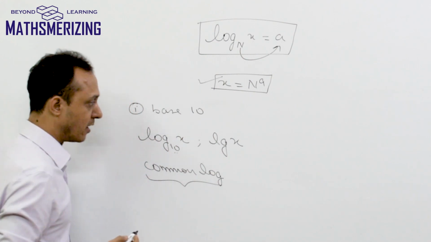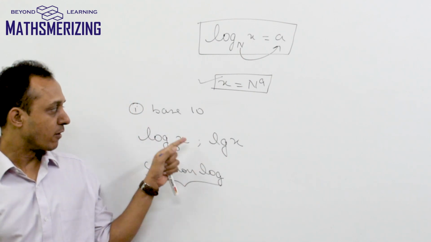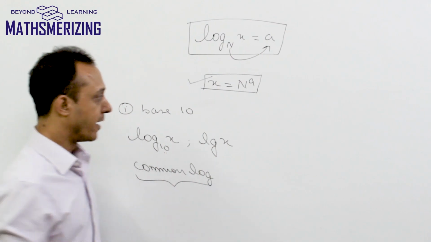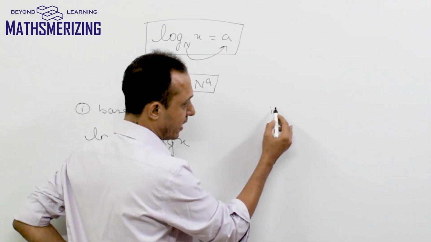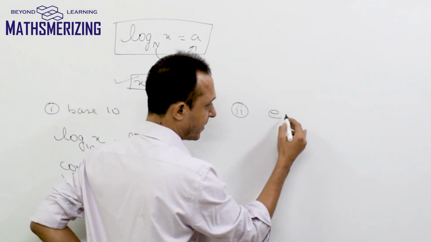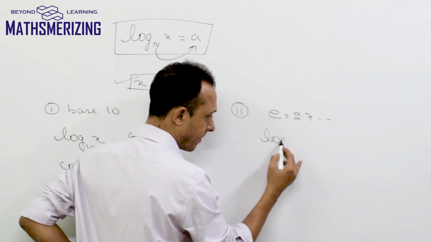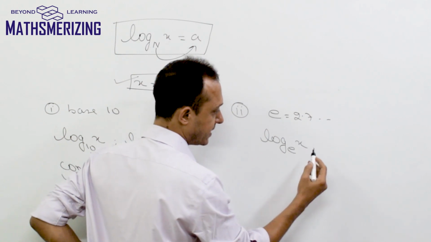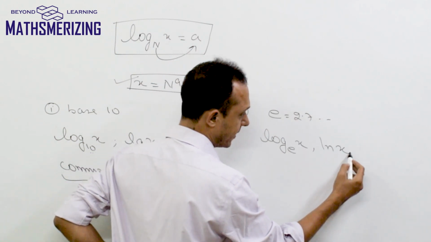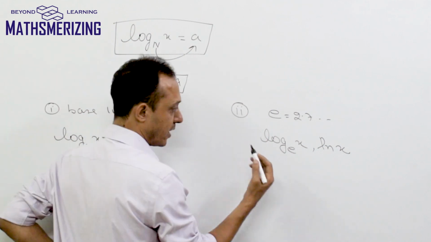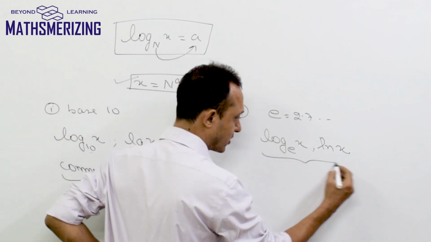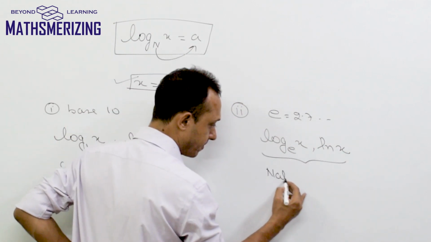So this is basically the logarithm that we use in simplification of calculation using a log table. And the other important base that we generally use is the base e, and e is 2.7 something. So we write it as log x to the base e, or simply abbreviated as ln x. Now this logarithm to the base e is also called the natural logarithm.